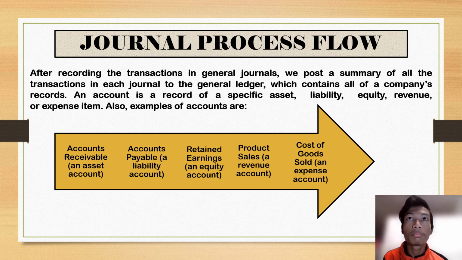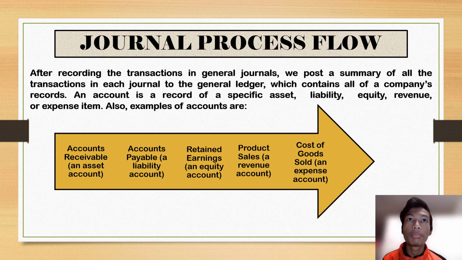The journal process flow. After recording the transaction in the general journal, we post a summary of all the transactions in each journal to the general ledger, which contains all of the company's records. An account is a record of a specific asset, liability, equity, revenue, or expense item.